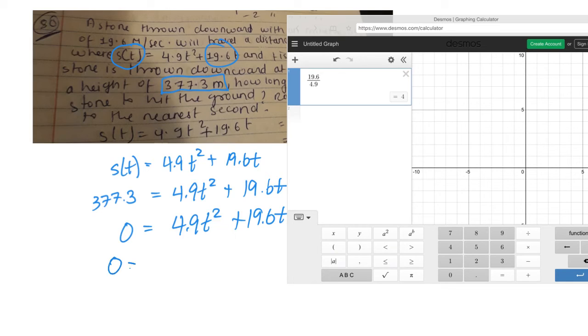So this would be 0 is equal to t squared plus 4t, and then that other number, 377.3 divided by 4.9. Match made in heaven: 77.